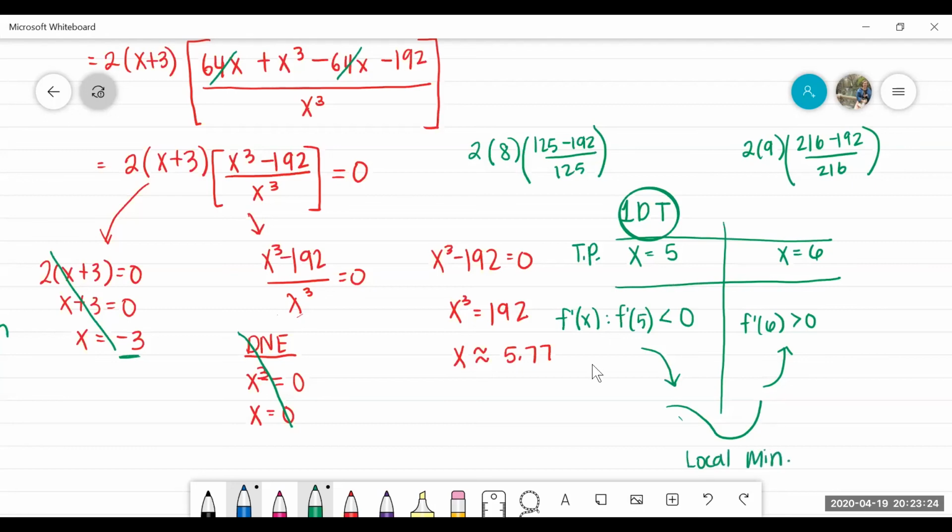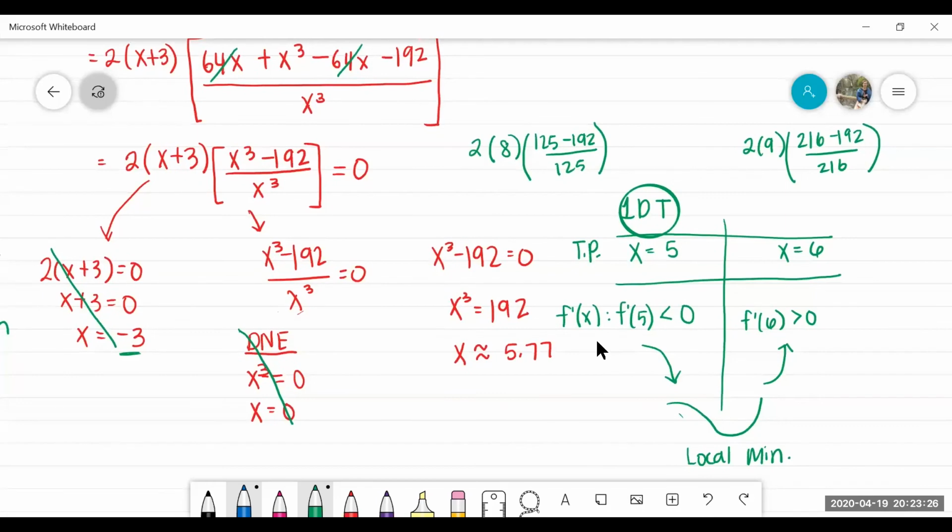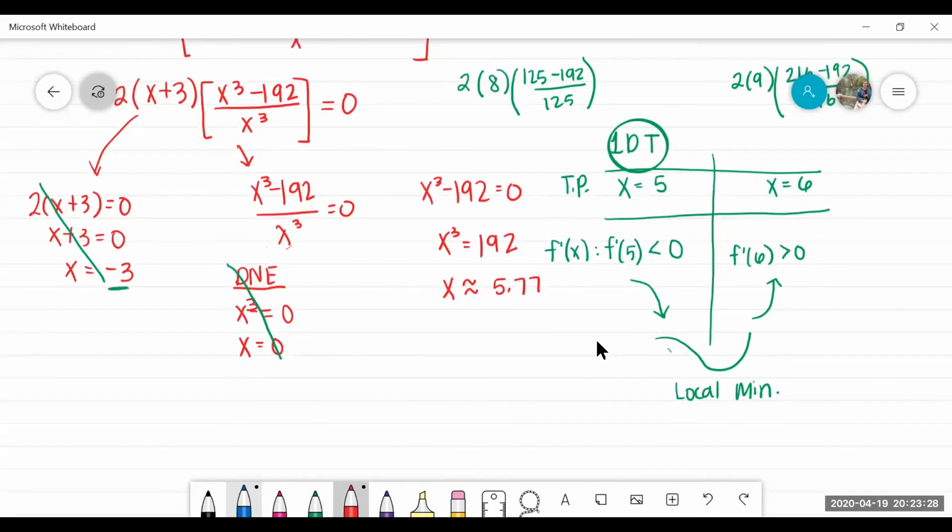Okay, so let's summarize. So this x is equal to 5.77. This is feet, right? So we would say x is 5.77 feet, is the distance from that fence, right?